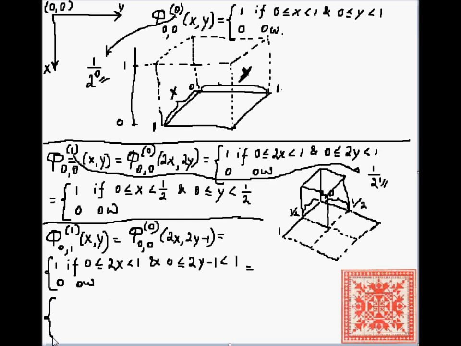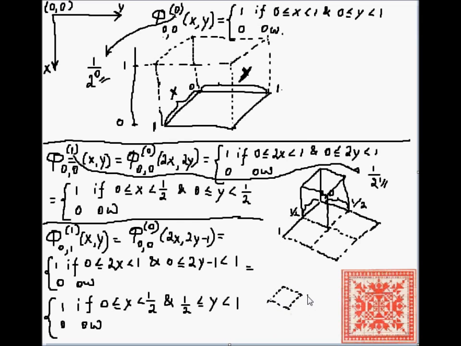That comes out to be 1 if, dividing by 2, x is greater than or equal to 0 and strictly less than 1/2, and y is greater than or equal to 1/2 and strictly less than 1, after adding 1 to both sides of that inequality, and 0 everywhere else.